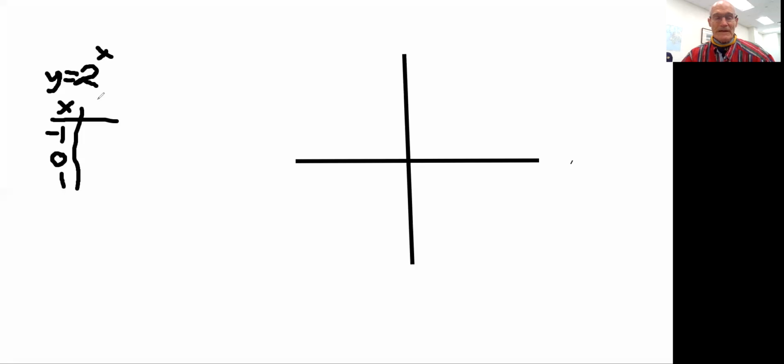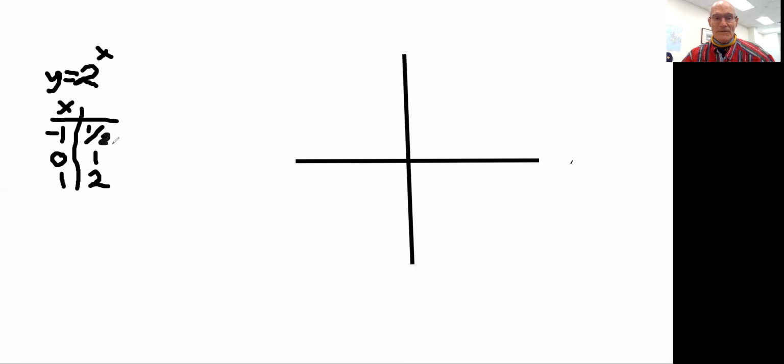And remember, anything to the 0 power is 1, so we always get a 1 here. For the 1, we always have the base, which in this case is 2. And then for -1, we get 1 over the base, which would have been 1/2.